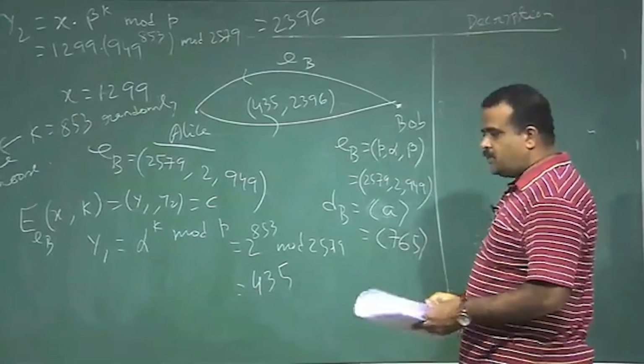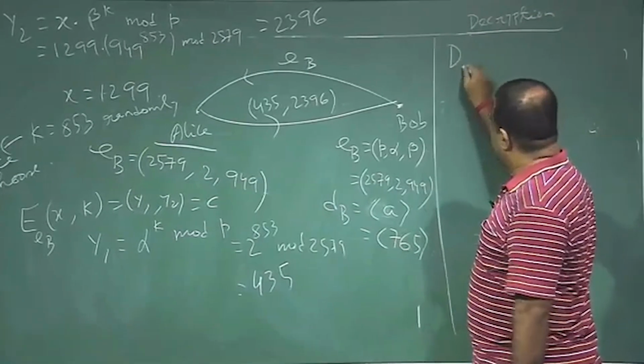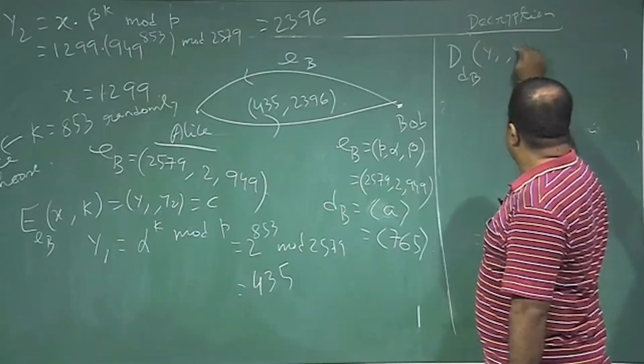Okay, so for decryption, what will Bob do? Bob has his secret key DB, which is basically A, and this is Y1, Y2.